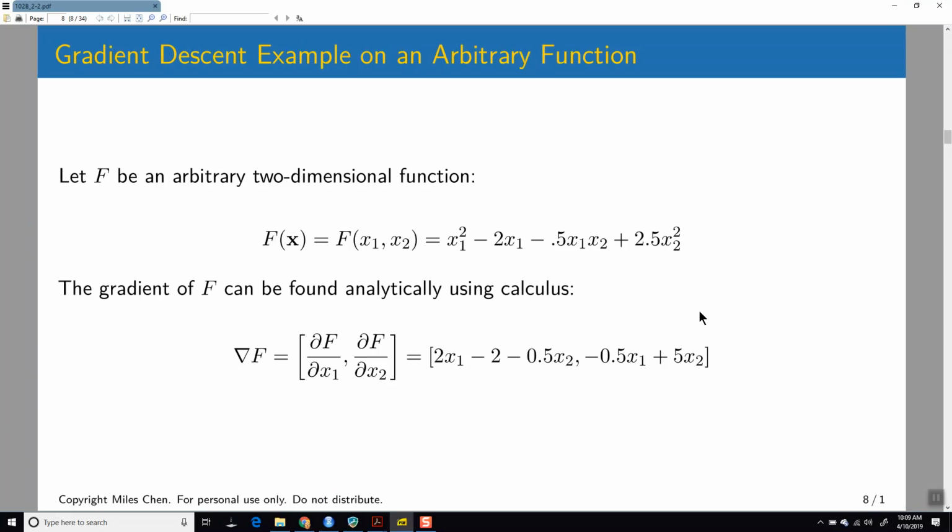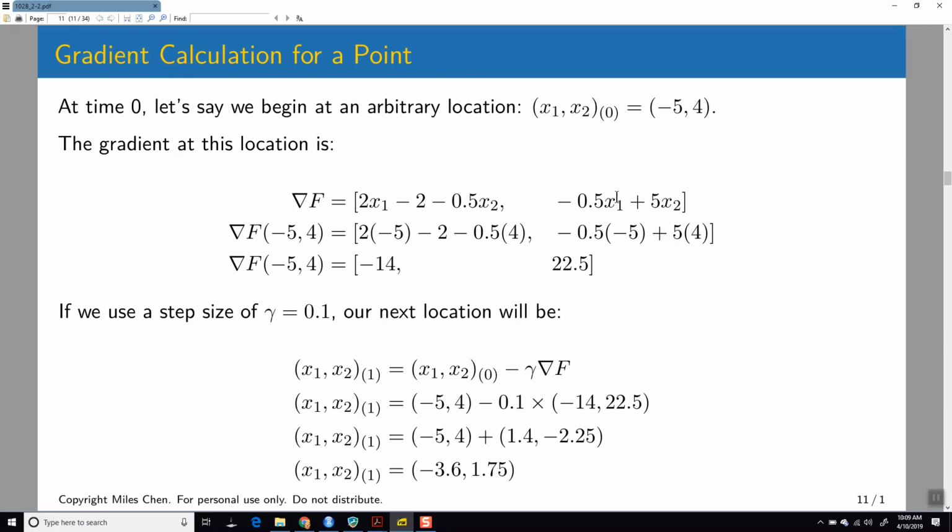So the partial derivative with respect to x2 is -0.5 x1 plus 5 x2. Now we just plug in -5 and 4.